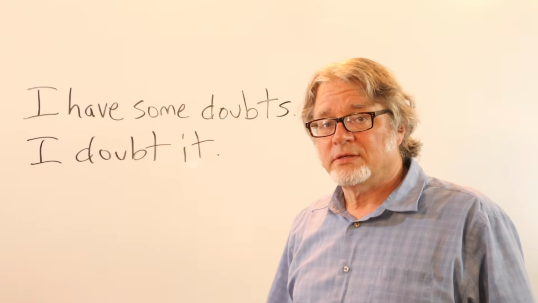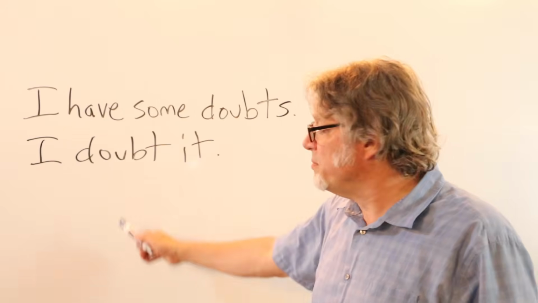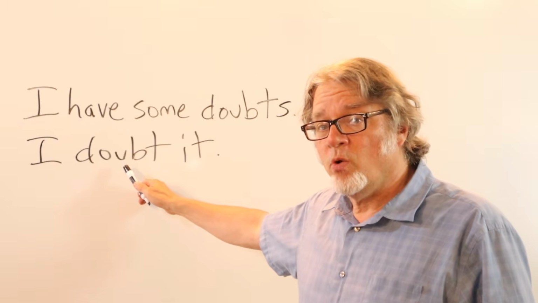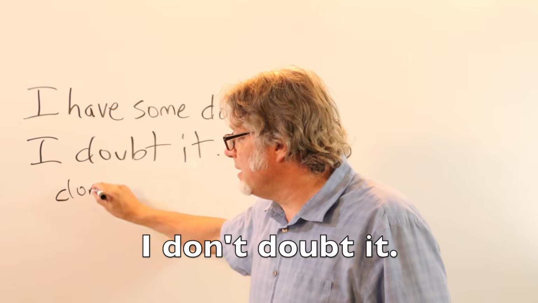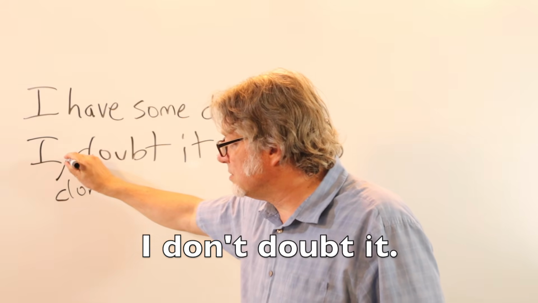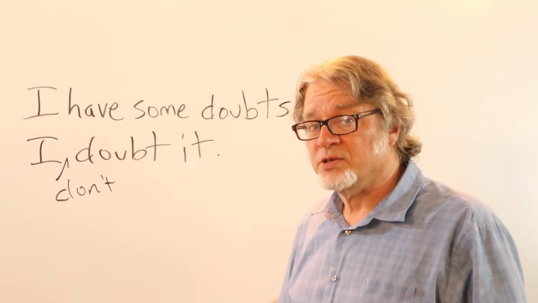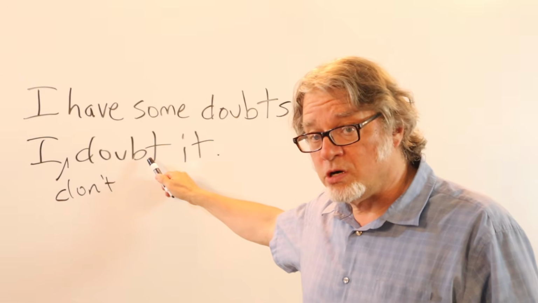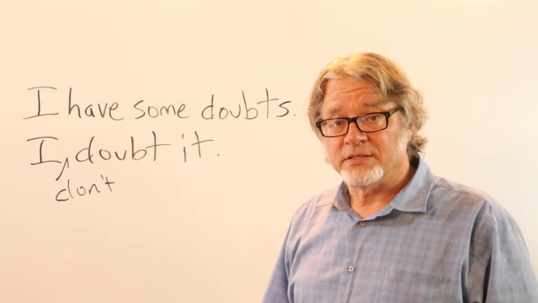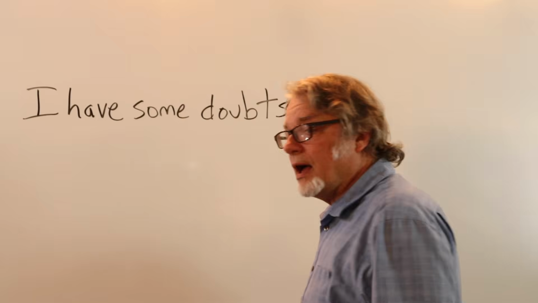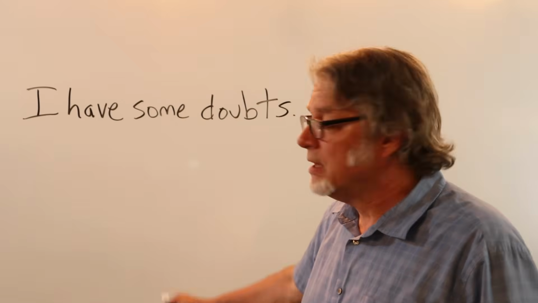I doubt it. You can also make this negative for the opposite meaning and say, I don't doubt it. This means that you are sure of something or you are confident in something. I have some doubts.